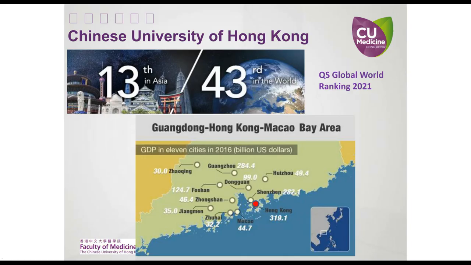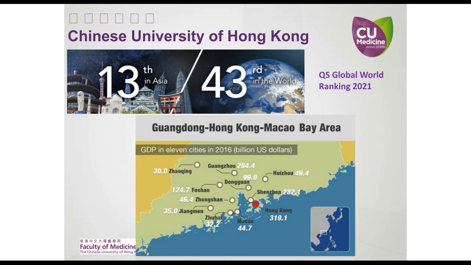The Chinese University of Hong Kong is ranked 30th in Asia, and within the top 50 universities under the QS score. You can see from the red dot here that Hong Kong is quite a tiny place, but we are located within the Greater Bay Area in Asia, so we are able to get connected to a lot of other places in the world.